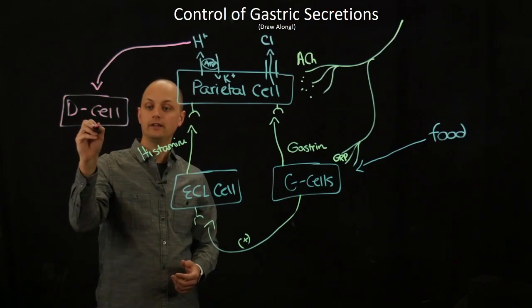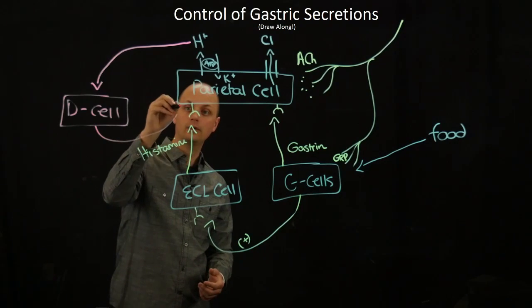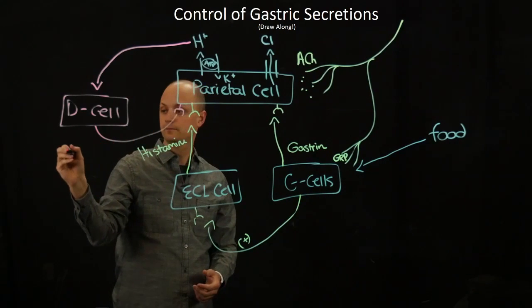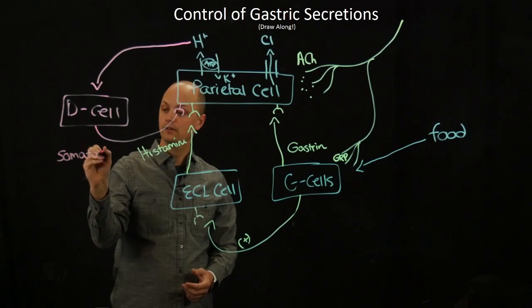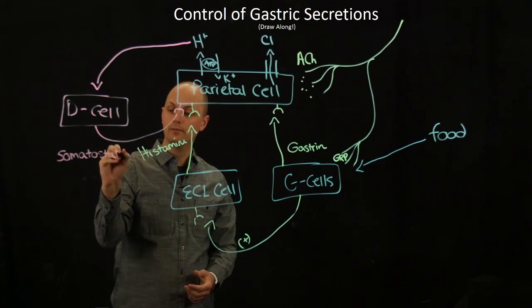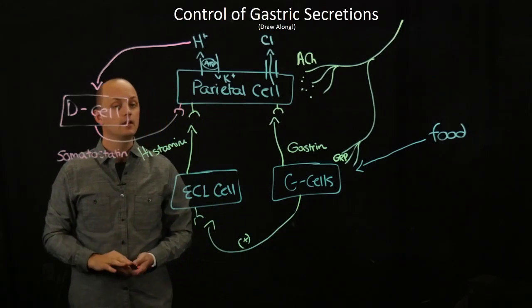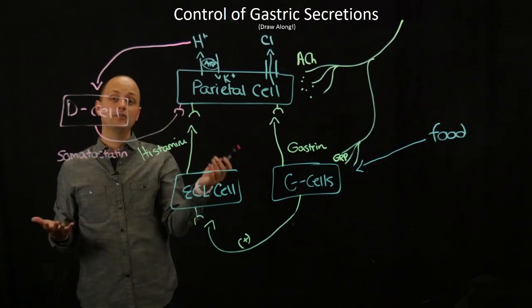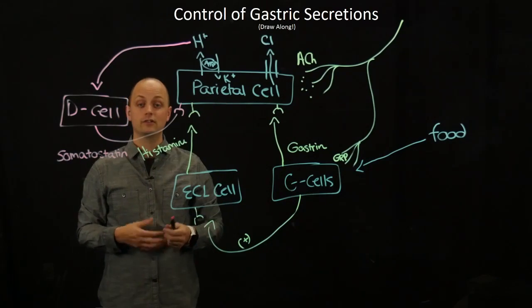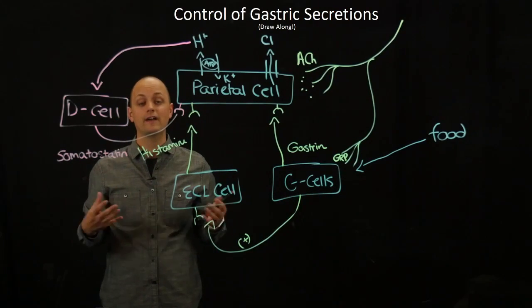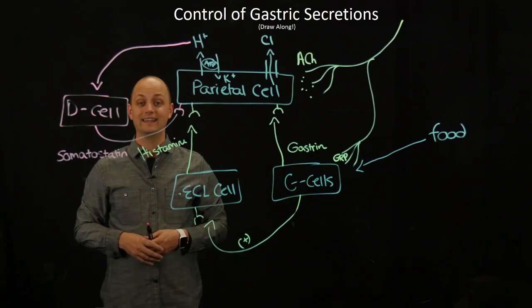And D cells release the inhibitory molecule somatostatin. Somatostatin has, again, receptors located on the basolateral membrane of the parietal cell. So when somatostatin binds to its receptor, that's going to decrease cyclic AMP, decrease phosphorylation of the proton pump, and turn off acid secretion formation inside the stomach.